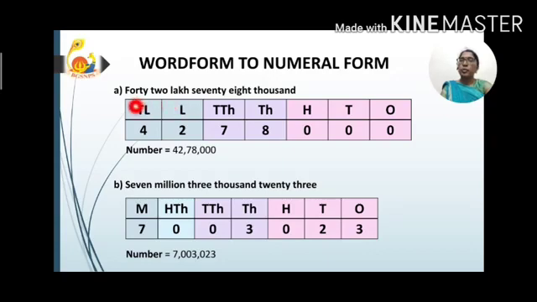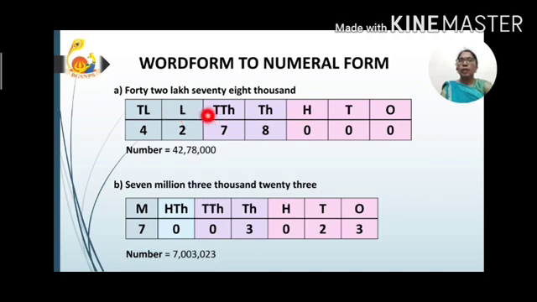So here if you read 42 lakh, it is in which place value system, children? It is in the Indian system. Do you have lakh in the international system? No. So 42 lakh 78,000. So you have to identify the periods or places. This period is in the Indian system, so you have to draw the Indian system place value chart here.